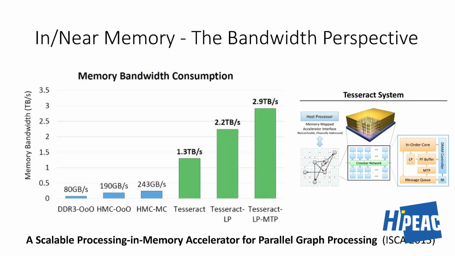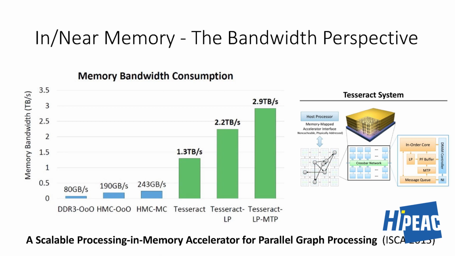There's another academic work which I'll talk about in lecture 4. This work came out of a group in KAIST and ETH, I think. They mapped graph workloads to a 3D PIM solution. This is your conventional DDR3 memory bandwidth, about 80 gigabytes per second, and this is the memory bandwidth you can extract after you do PIM.